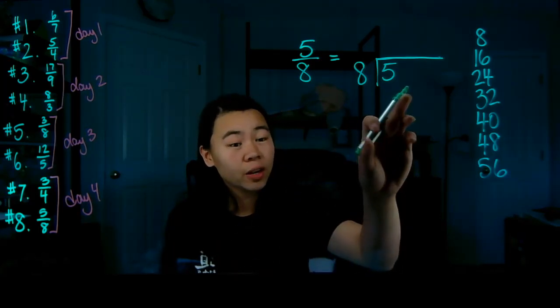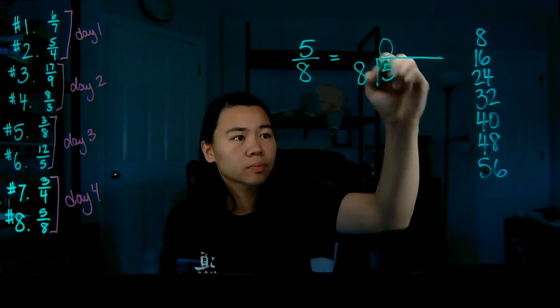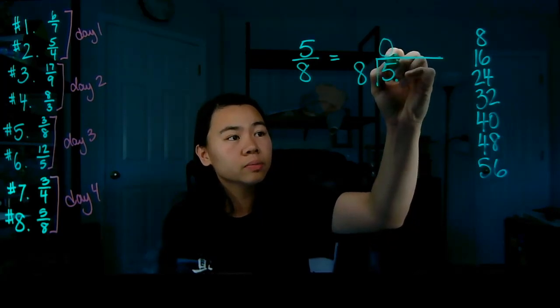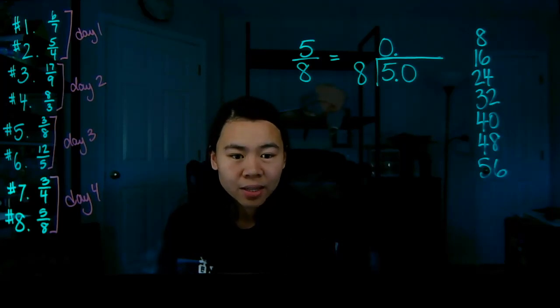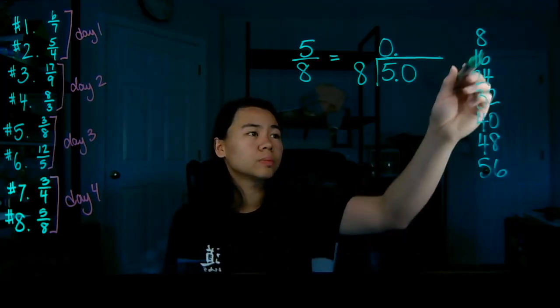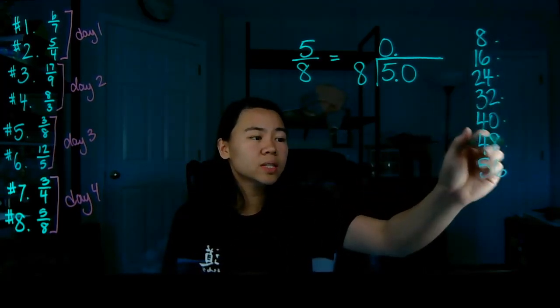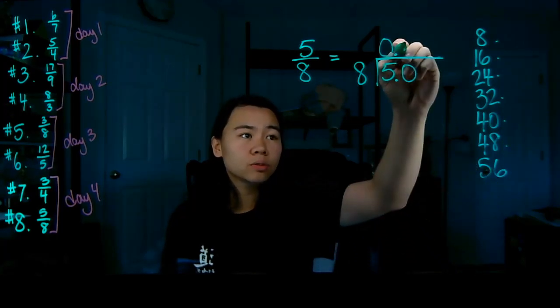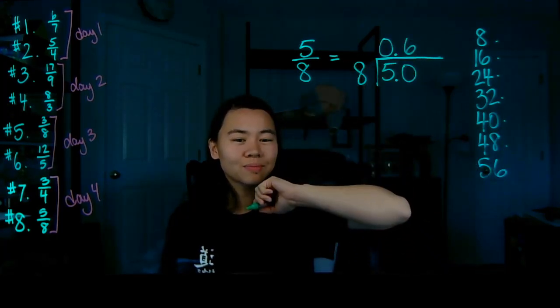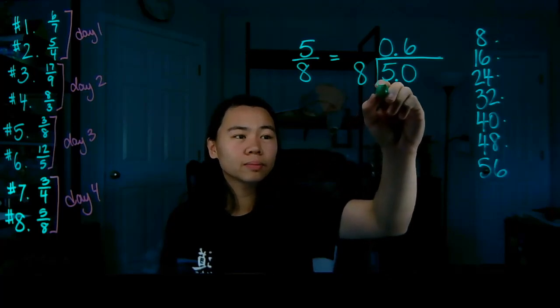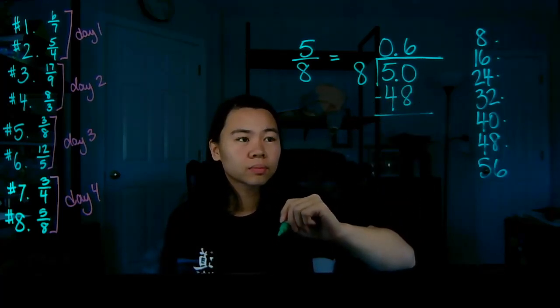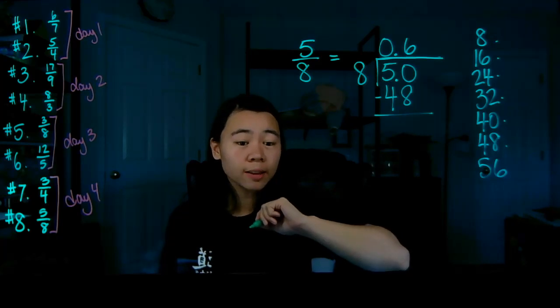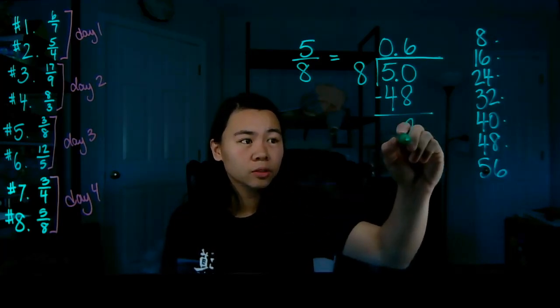So can 8 go into 5? No, 0 times. Then we add our decimal and our 0. See, less than 1 whole. How many times can 8 go into 50? 1, 2, 3, 4, 5, 6. 7 is too many, so just 6 times. 6 times 8 is 48. 50 minus 48 is 2.